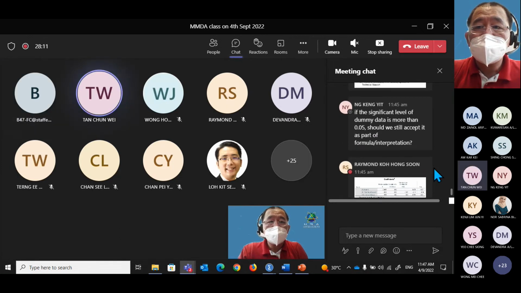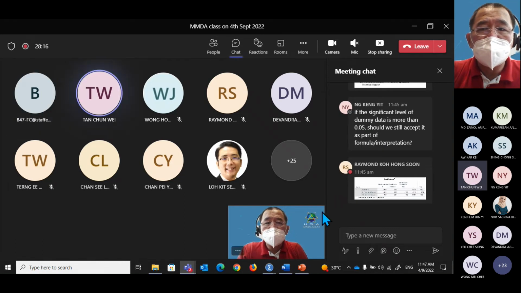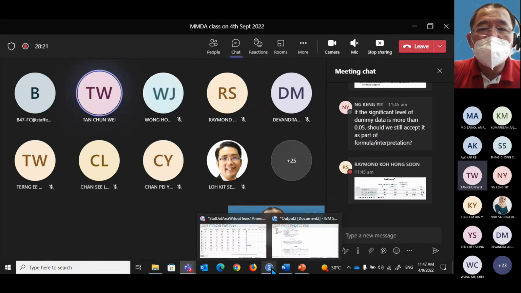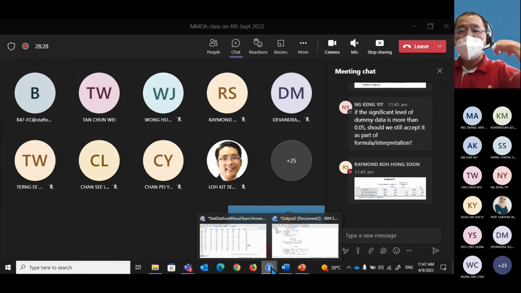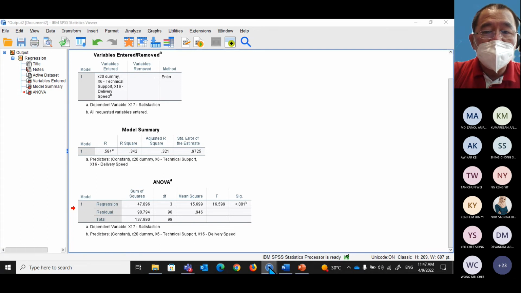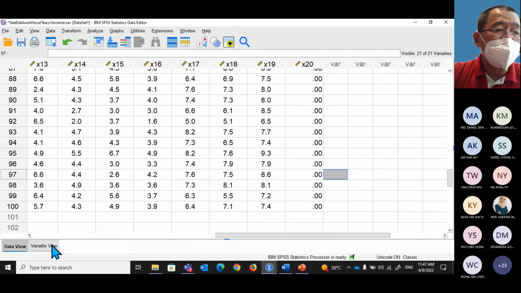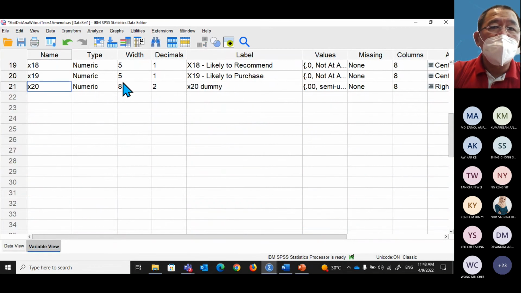Sir, just to check one more case. If we include another category of, let's say, a rural area, what should we change in the table? Okay, now we do this. So now we see the data. We modify a bit.